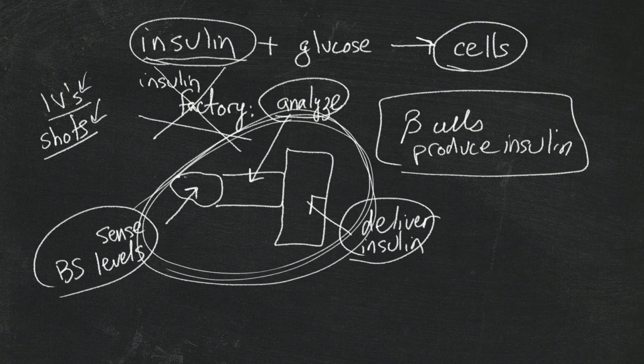This is what we now have to be. We have to be the sensor, we have to be the analyzer, and we have to be the deliverer. We have to take over the role of those beta cells.